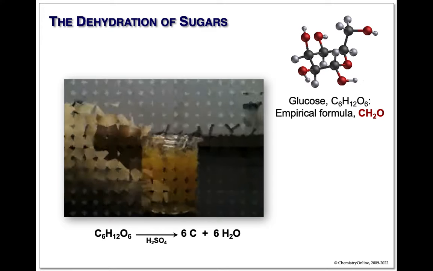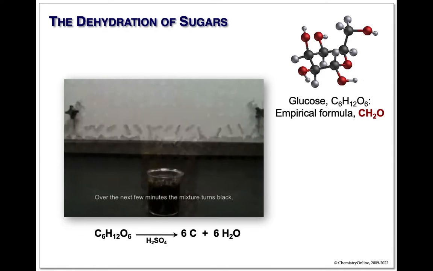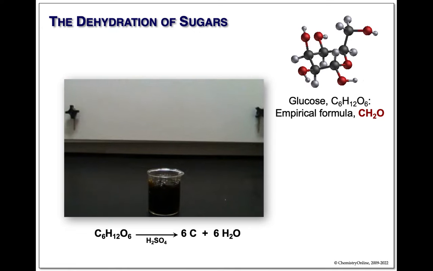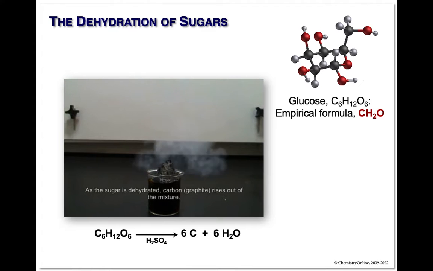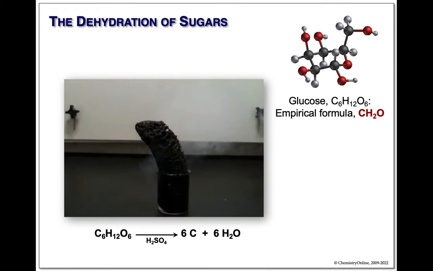The empirical formula is 1 carbon, 1 water, carbohydrate. After a few minutes, it starts to turn ugly, brown, and then you get this column of pure carbon coming out the top. The water goes off as steam. It's a very exothermic reaction. Kind of really neat.